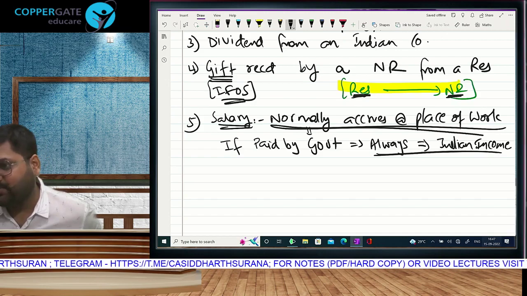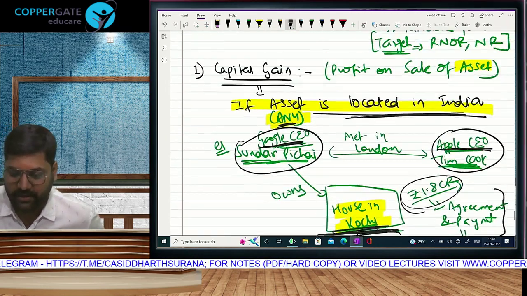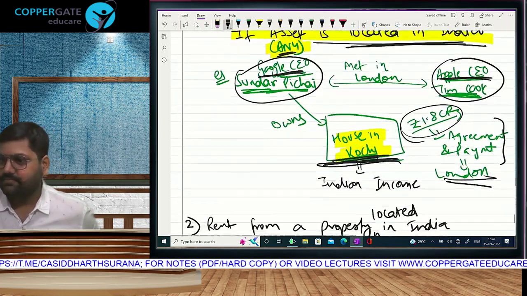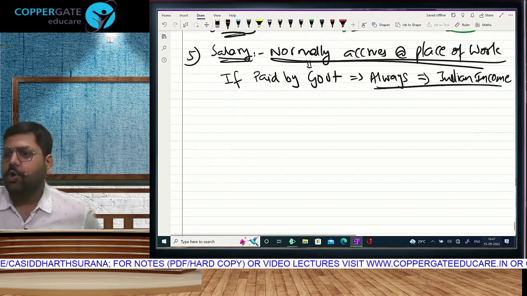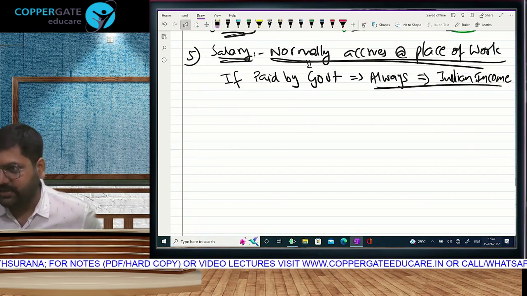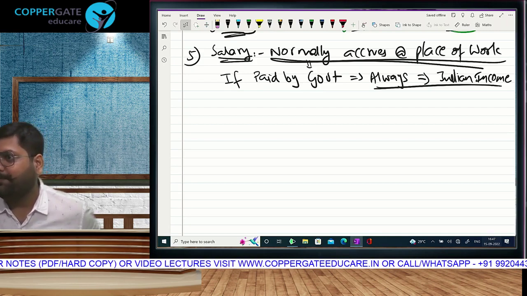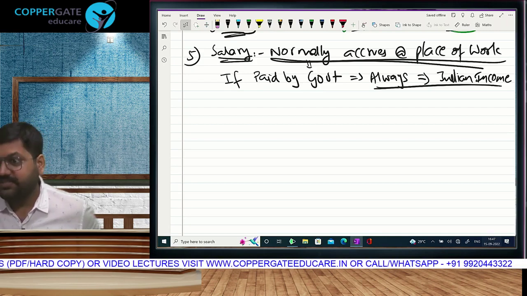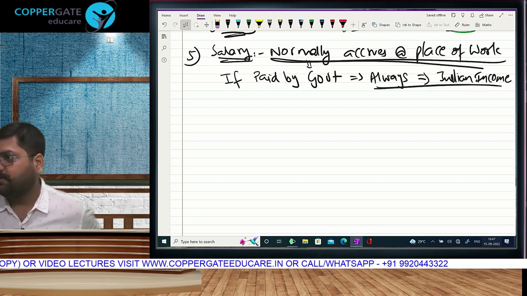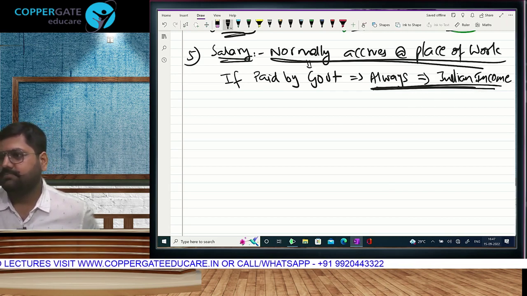If he was resident, we don't do all this, okay? This whole list that we are doing, this is our target. A government employee who is working outside India is a non-resident. His income apparently, you know the meaning of the word apparent? Visibly, appearing to be outside India, but we will treat it as Indian income.